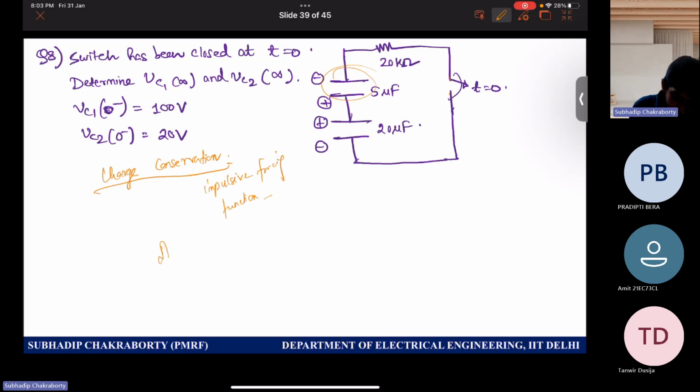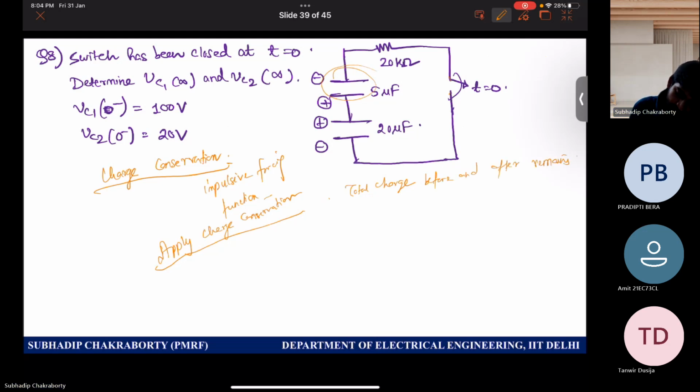So better you apply charge conservation, because here only the voltages are asked. So what is the philosophy? That your total charge before and after remains the same.